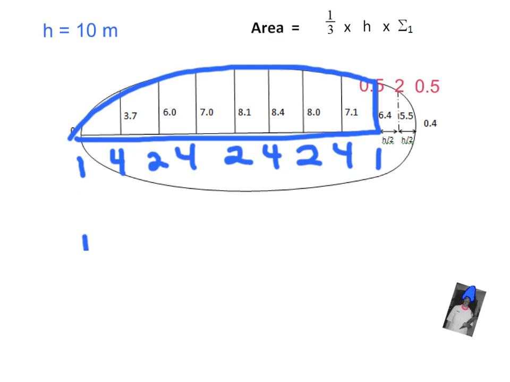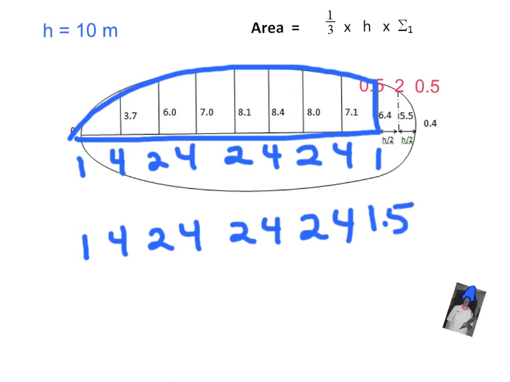So my multiplier values for the whole calculation are going to look like this: 0.5 plus 1, 1.5, then 2, then 0.5. I can use these multipliers in my table of values with my common h value to calculate the waterplane area of the vessel with its appendage.